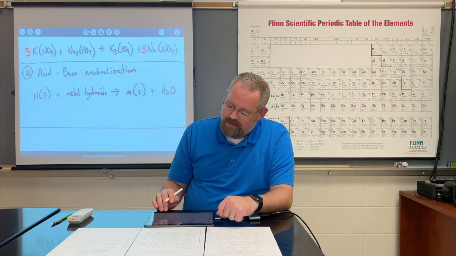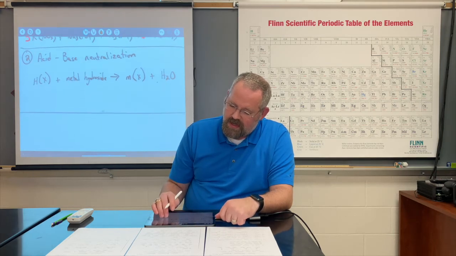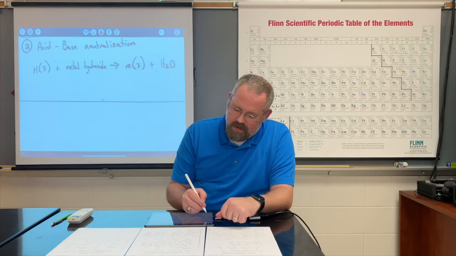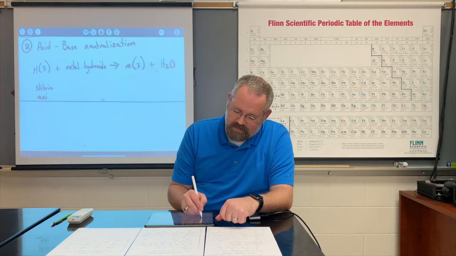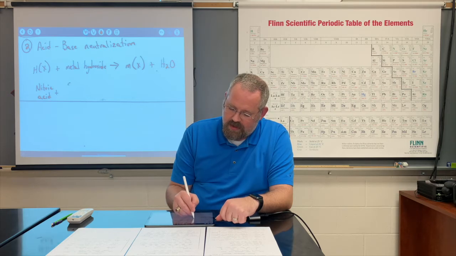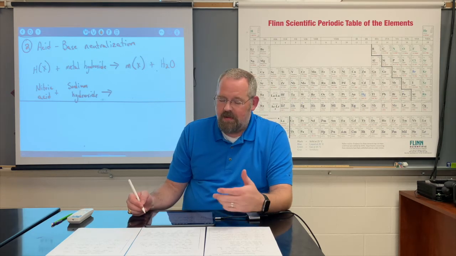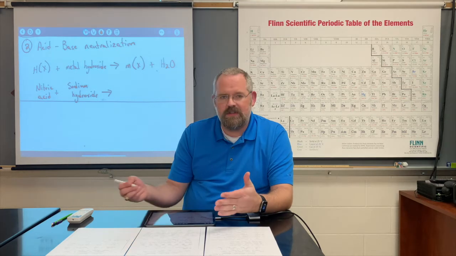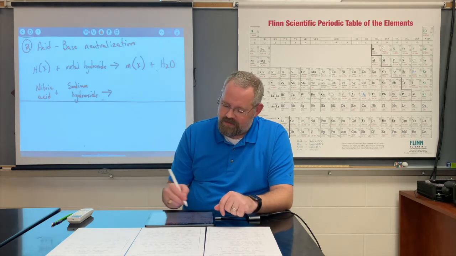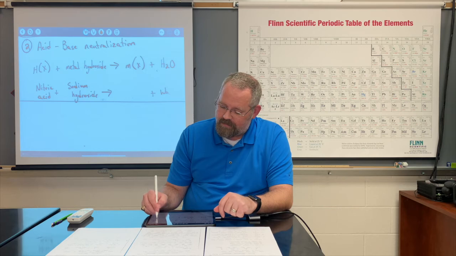All right, so let's look at an example. Let's do nitric acid plus sodium hydroxide. That's going to make a metal ion. Well, let's figure out what that ion is first. We also know that it makes water.